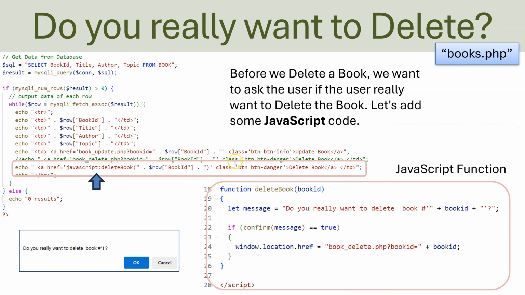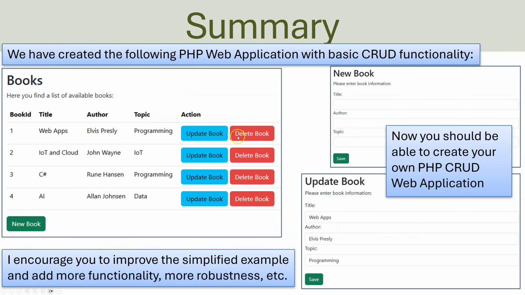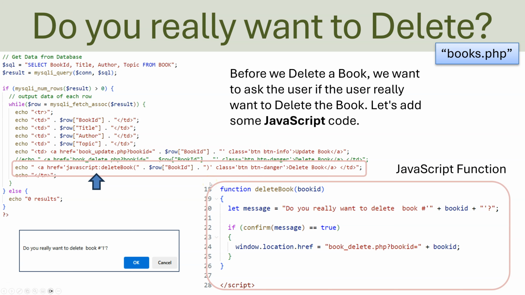Here is an example of how you can use JavaScript to create a pop-up window. So before I click on this delete button, I want the user to get a message: do you really want to delete this book? And then I can create and use that functionality using JavaScript.